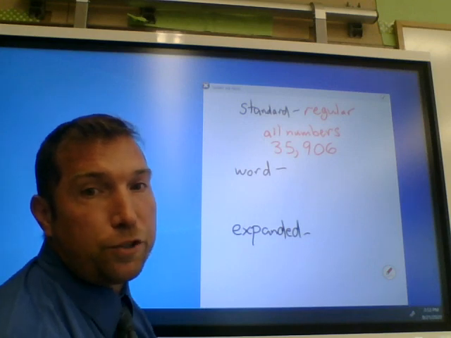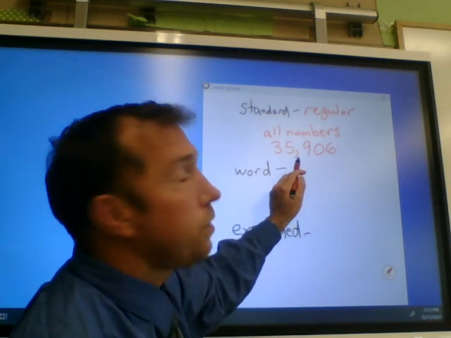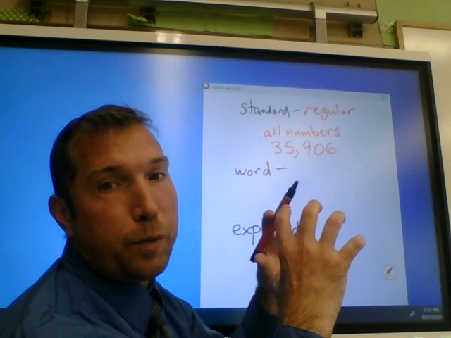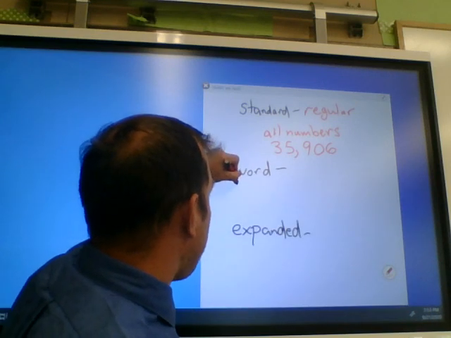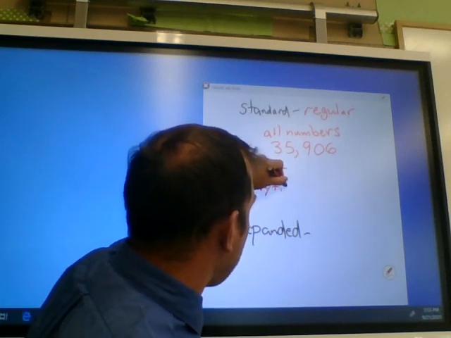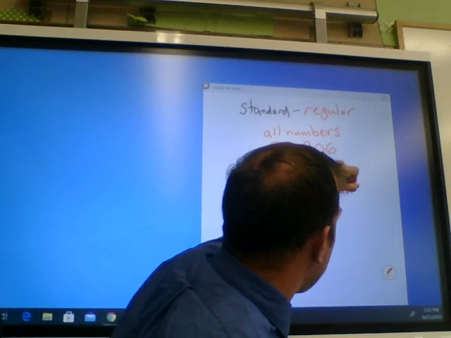Word form is just what it sounds like. The way I say it is how I'm going to write it. You'll notice again, at that comma, the commas are important. Comma kind of helps me space. I hear the number 35, and then I say 1,000. I should have that same exact word, 35,000. Good trick.